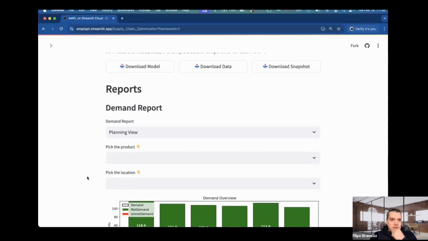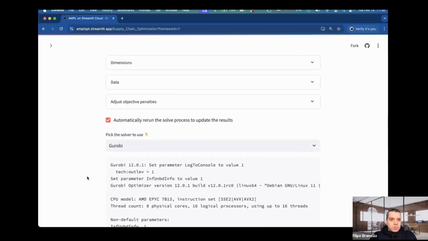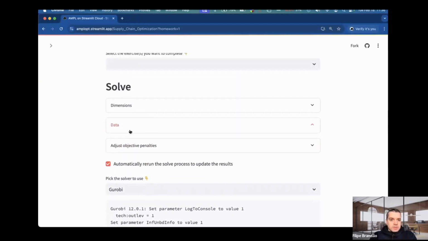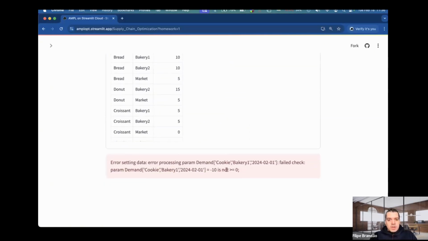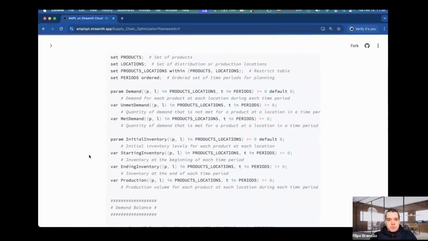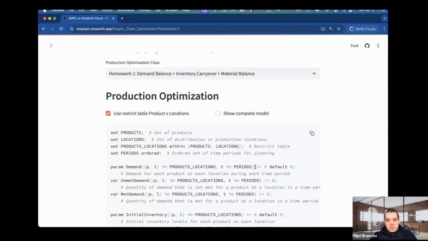So what happens when there are issues? There are two sources for infeasibilities. You can have issues with data. Let's imagine that we have negative demand for something. And here we are already catching this because we have this condition here.